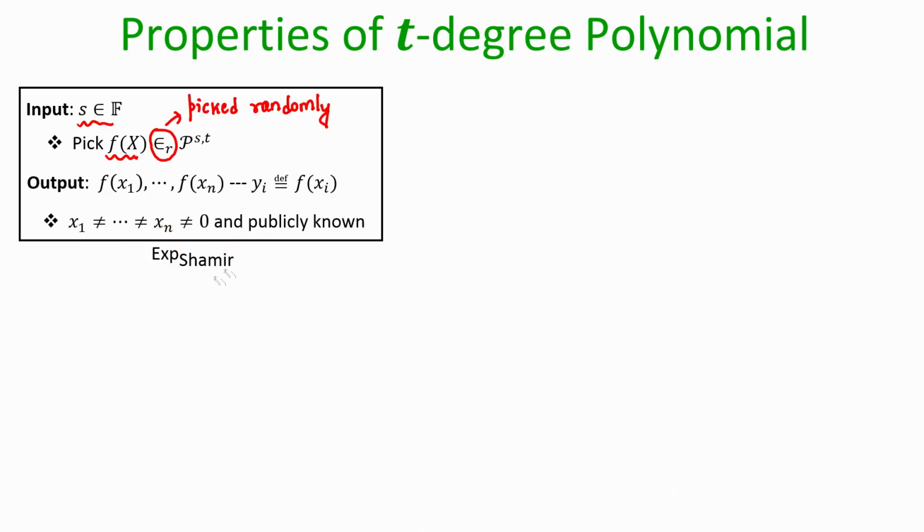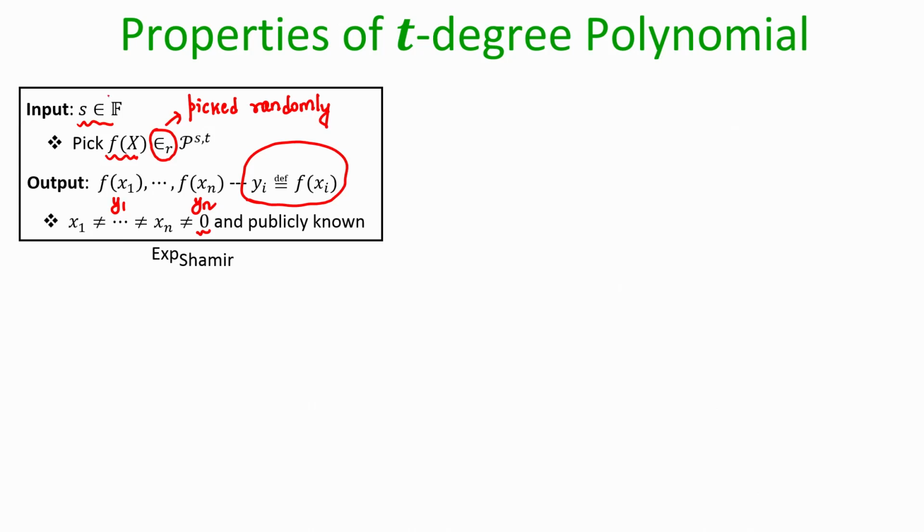And the output of this experiment is the value of this randomly chosen polynomial at n publicly known distinct values. So the outputs are f of x1, f of x2, f of xi, f of xn, all of which are elements from the field. None of the x values is 0 and all of them are distinct. Let me call the value of f of xi as yi. So your outputs are y1, y2, yn, a very simple experiment.